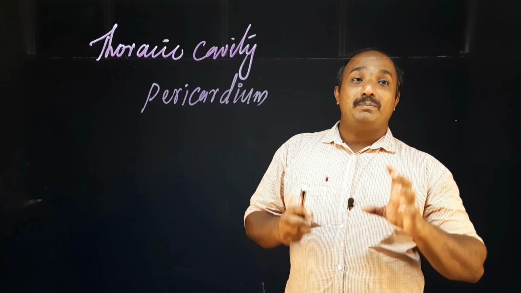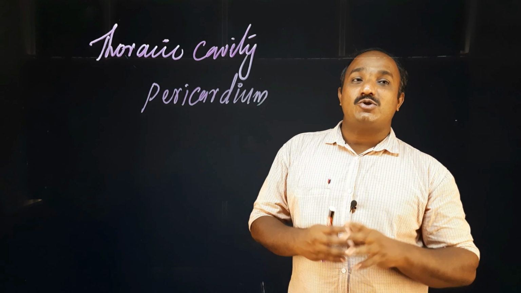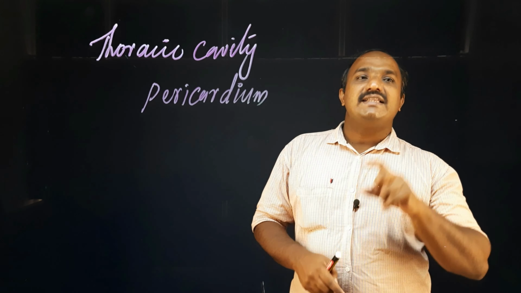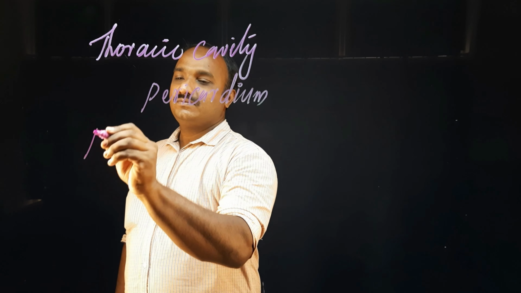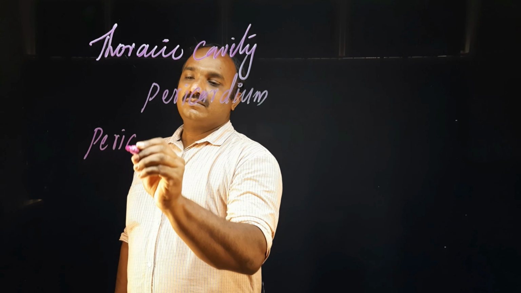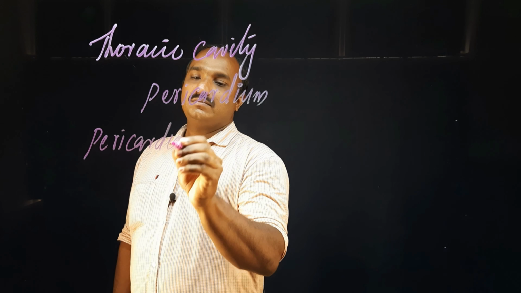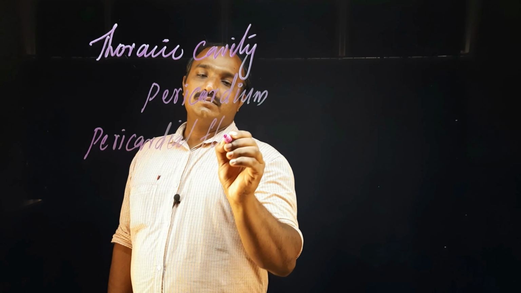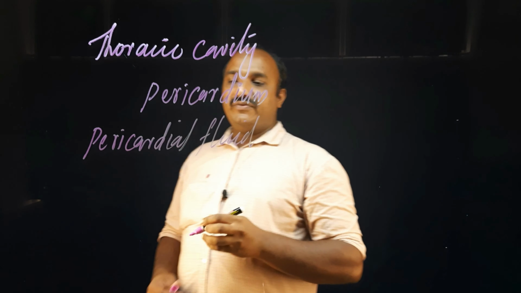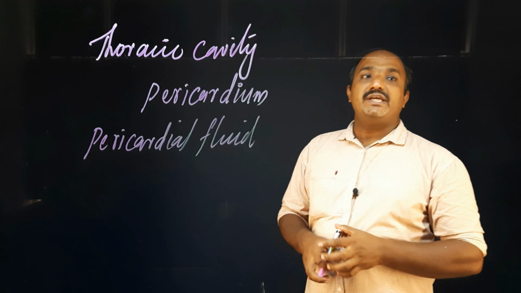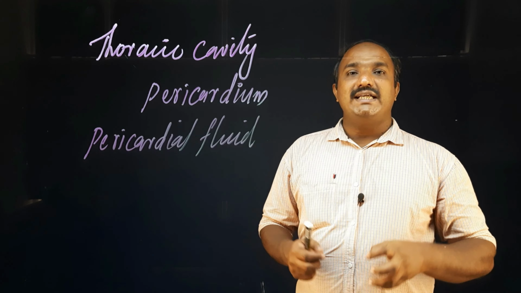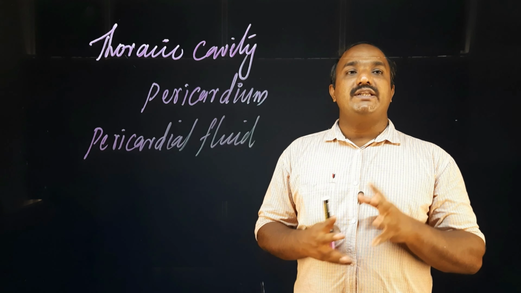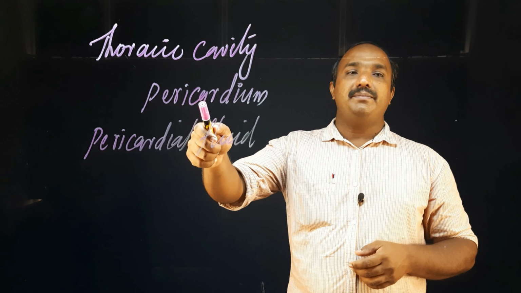Then two layers are there, and in between the layers there is a fluid. That fluid is called pericardial fluid, the fluid seen in between the layers of the pericardium.